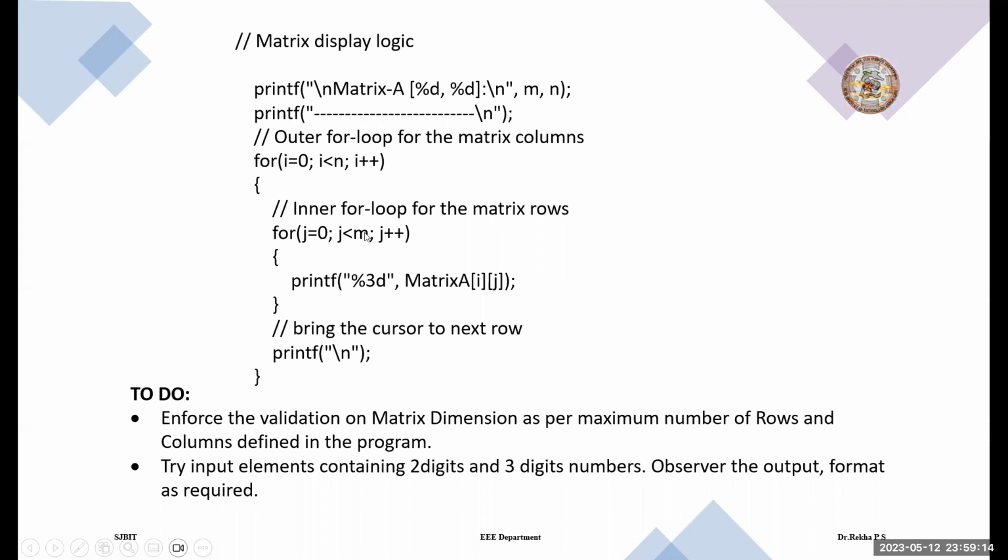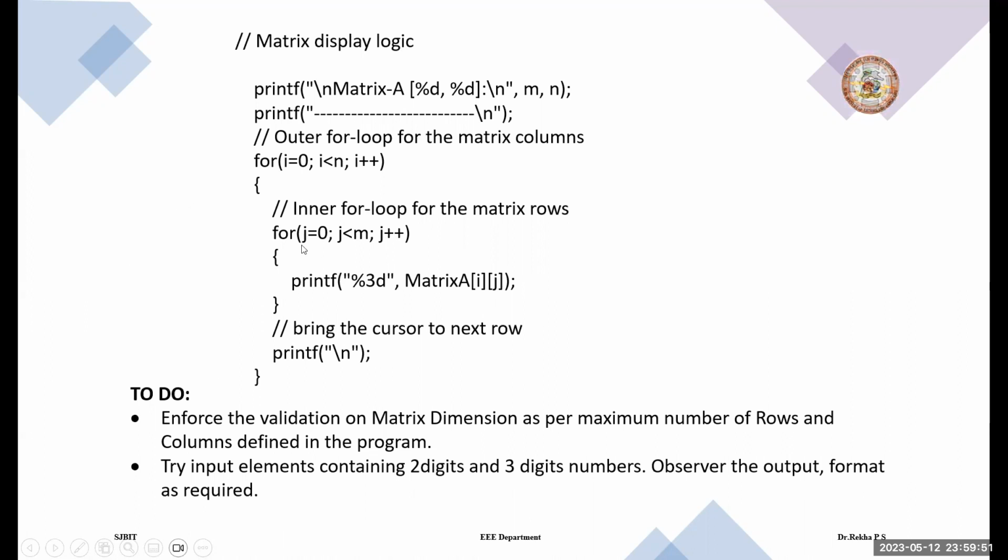If it is true, only then it will print the value, that is matrix A of i comma j. So i value is 0, j value is 0 initially. Next j is incremented like this: 0, 1, 0, 2, 0, 3. Once it fails, it will come out and i will be incremented. When the inner for loop fails, i is incremented when it encounters this bracket.